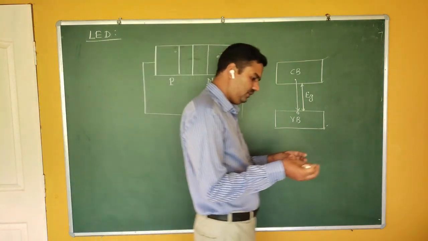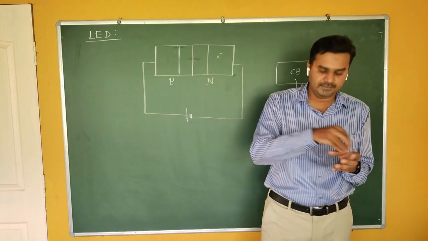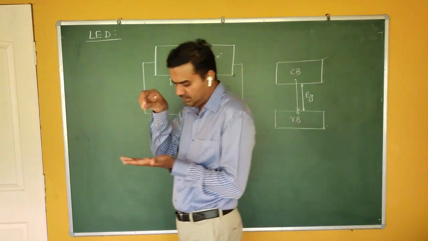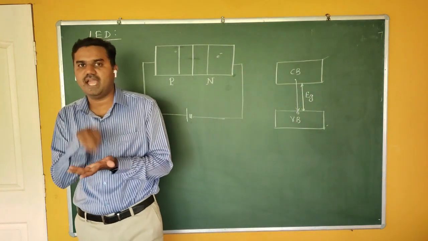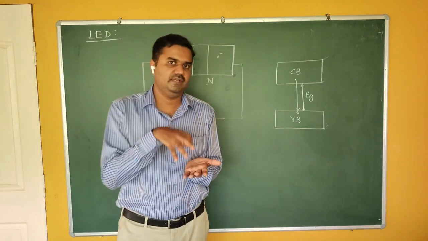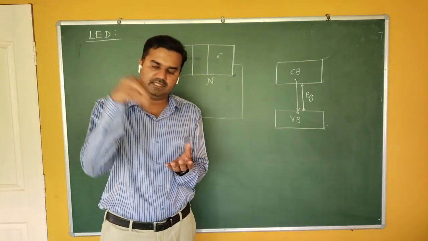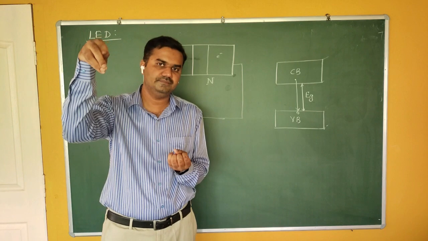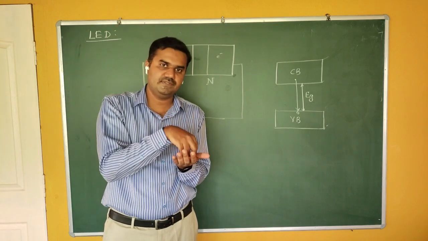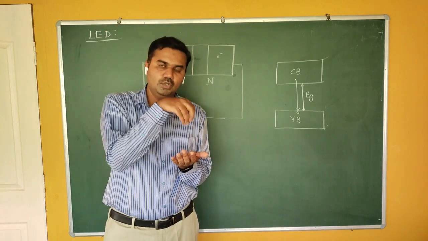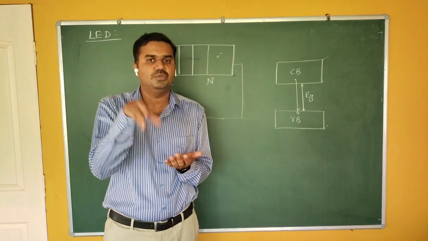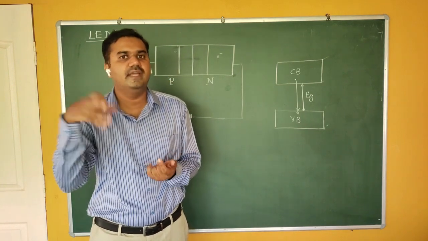So when this electron recombines with the hole, it should liberate its excess of energy. Are you getting me? When electrons recombine with the hole, they should liberate their excess of energy.